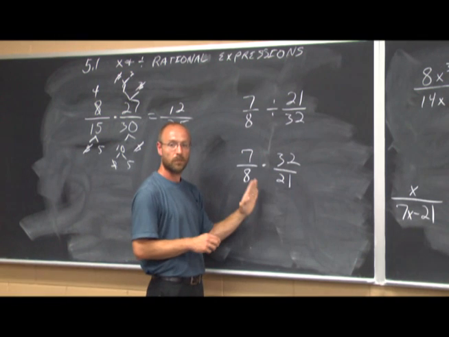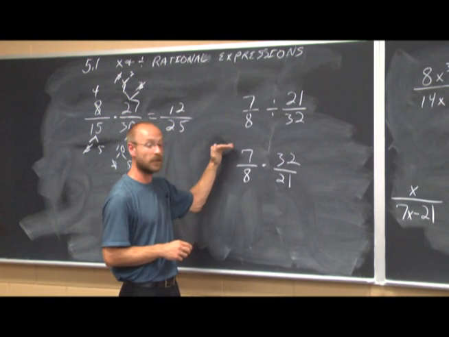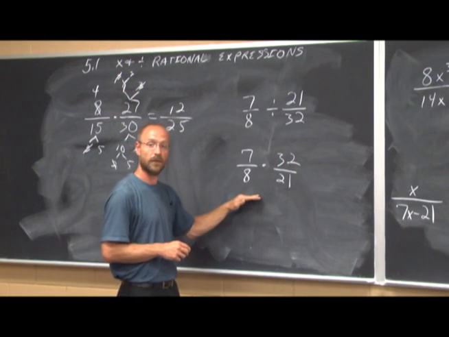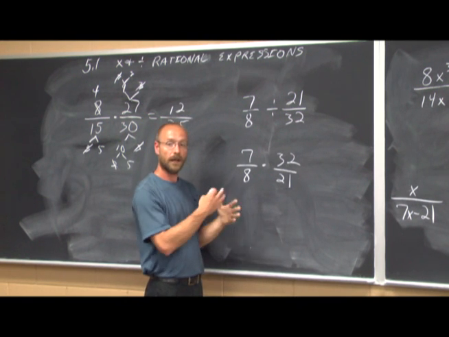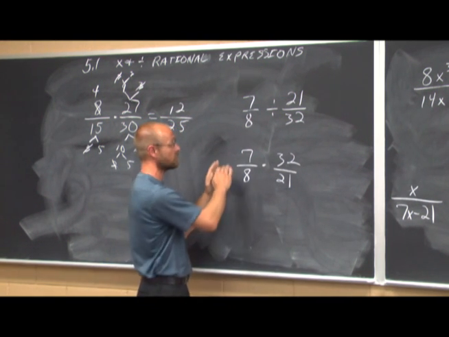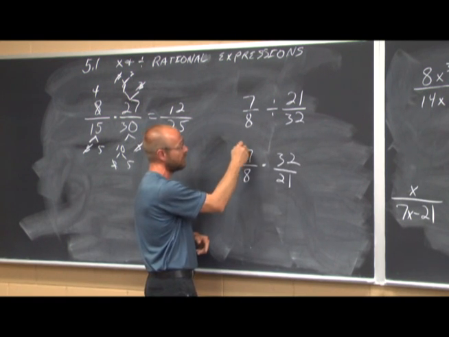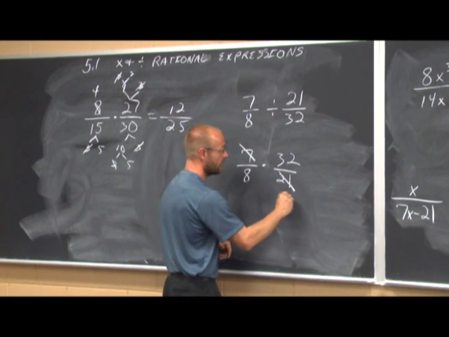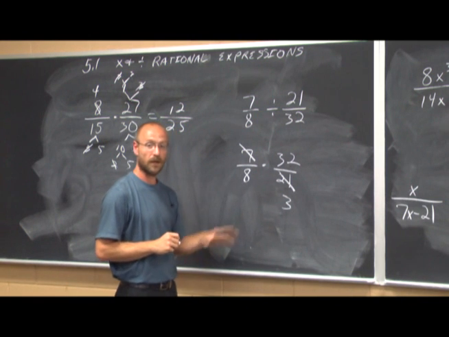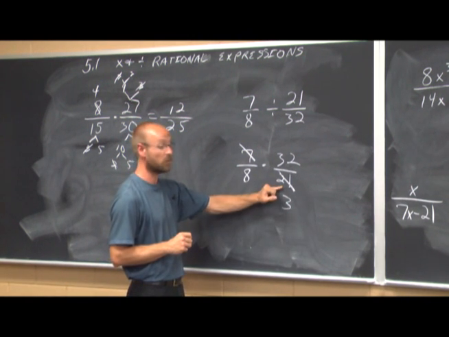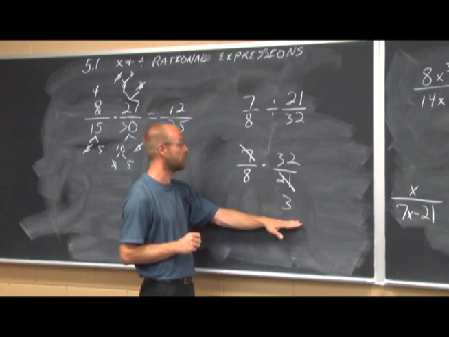That doesn't reduce. But now that it's multiplication, everything on top is a factor. Everything on the bottom is a factor. And I can cross simplify because they're all factors. So I can just move left to right, top to bottom, and say, hey, 7 and 21 have a common factor of 7. This one would be 3 times 7, so the 3 would remain.